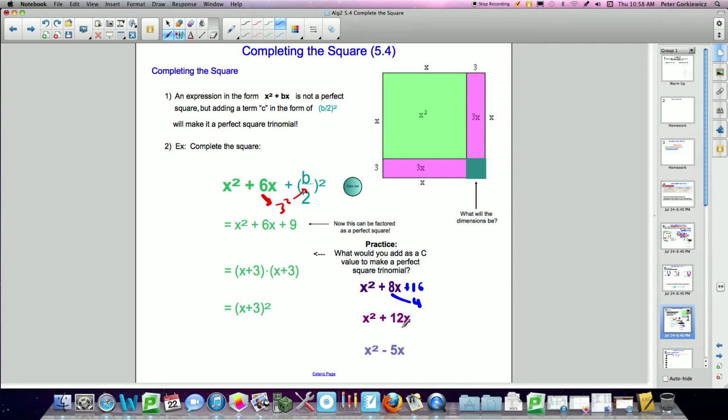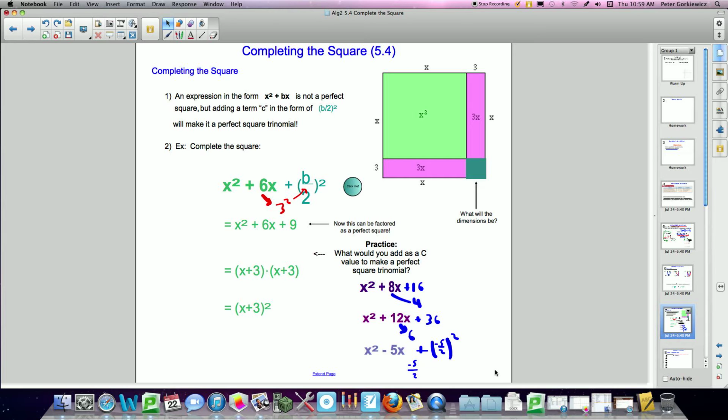And then we're going to do the same thing here. We're going to take half of this, which is 6, and then square it, which is 36. And we're going to take half of this, which is −5/2, and then we're going to square it, which is going to be (−5/2) squared. Yes, you can call it 25/4, but I'm not going to right now. Cool?